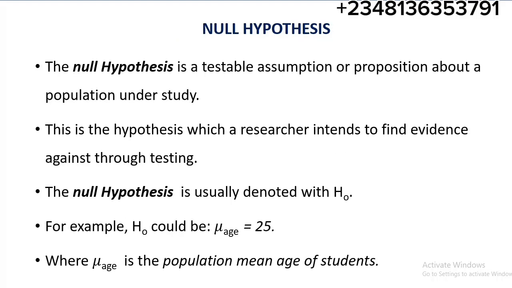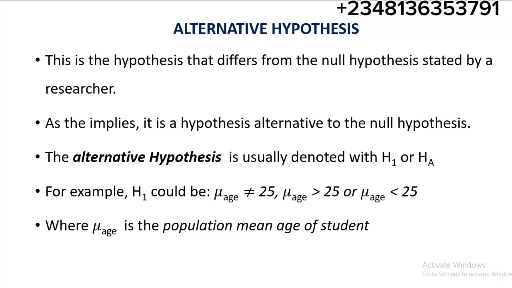Mind you, the null hypothesis states that the population mean age of students is equal to 25 years, since the alternative hypothesis is the hypothesis that is used to counter the null hypothesis. So, the alternative hypothesis states that the population mean age of students is not equal to 25, or the population mean age is greater than 25, or the population mean age is less than 25.